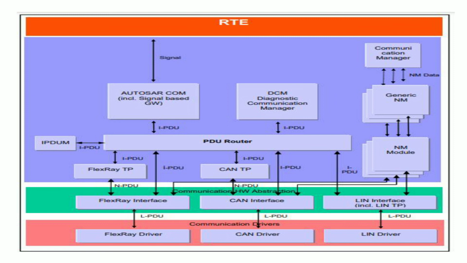So a lot of this is the functionality of the COM module. Most of the time is spent in AUTOSAR configuration for the COM module. This is really required for effective communication to happen.